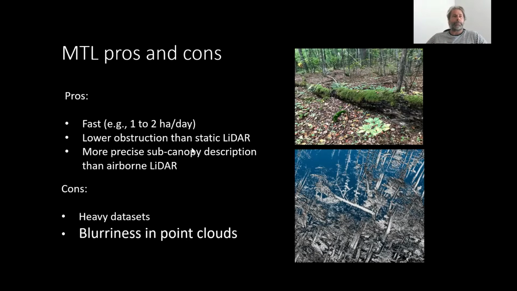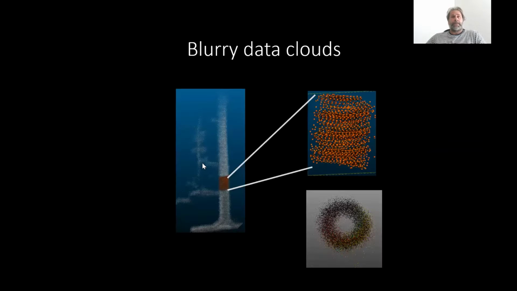So what do I mean by blurry? Let's take this tree here that has been identified through the mobile LiDAR. It seems quite clear, but when we focus on it, we can see that it's becoming more noisy. When we look at it from above, it's even more noisy.